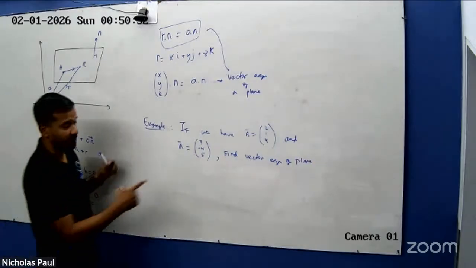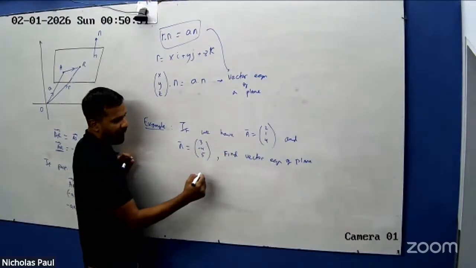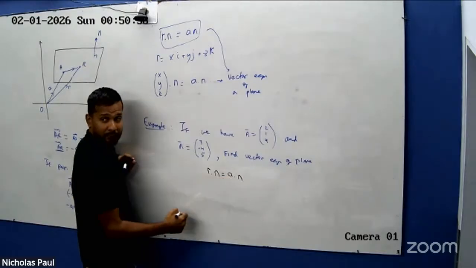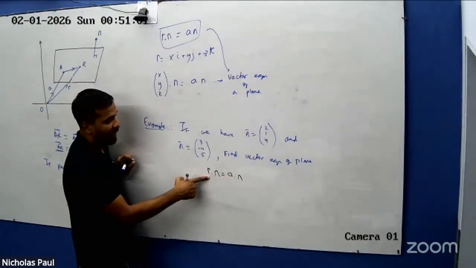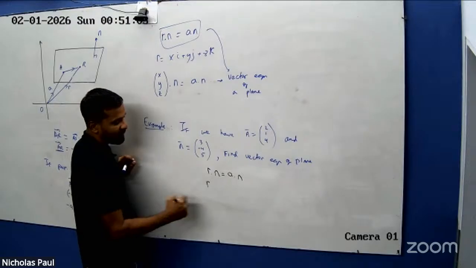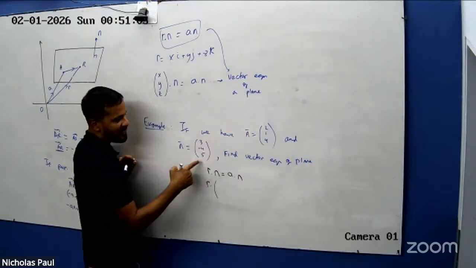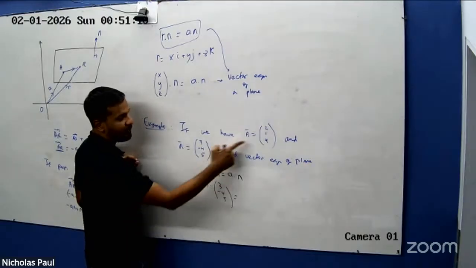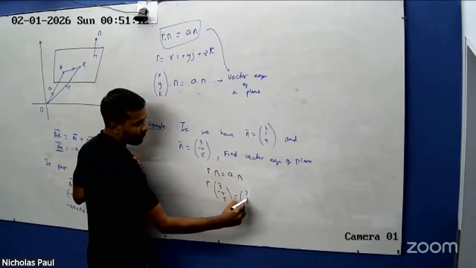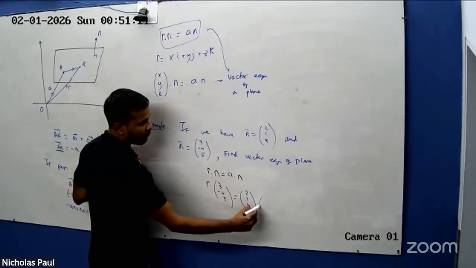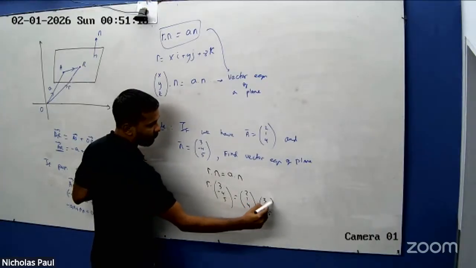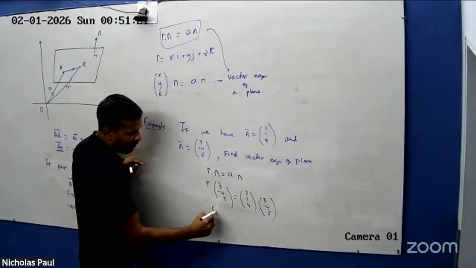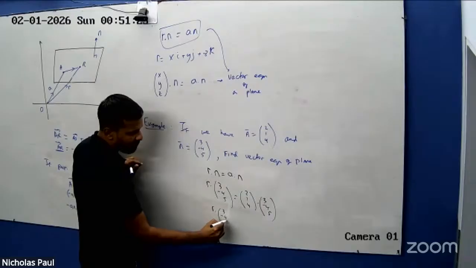To get the vector equation of the plane, we know it's r.n is equal to a.n. r is that unknown vector, n is the perpendicular vector, and a is the point on the plane. So if we have something like this, r dot (3, -4, 5).